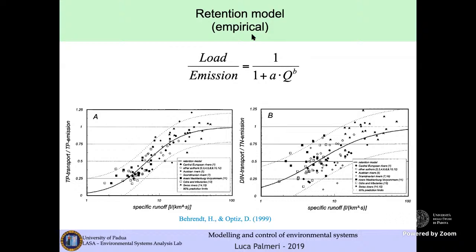So you see that the retention model is an empirical model based on a large quantity of empirical or observational data that comes from several river basins all over Europe.